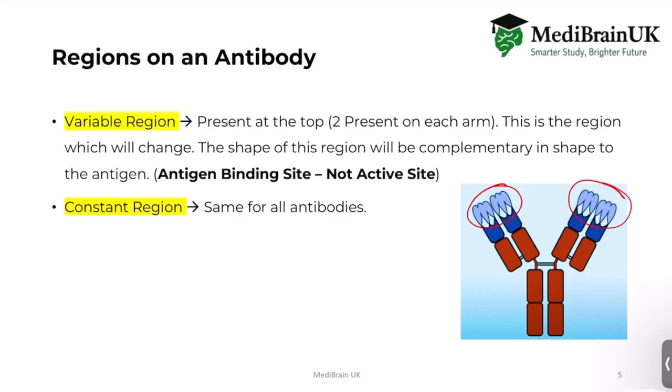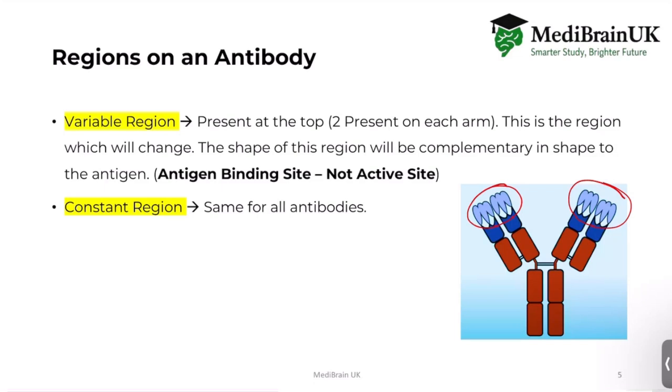When we're talking about antibodies and antigens, we mention an antigen binding site. When you come across this in exam questions, never say active site, because they will literally put down reject active site, because this is not an active site. This is an antigen binding site, because on the antibody, the antigen is going to be binding.